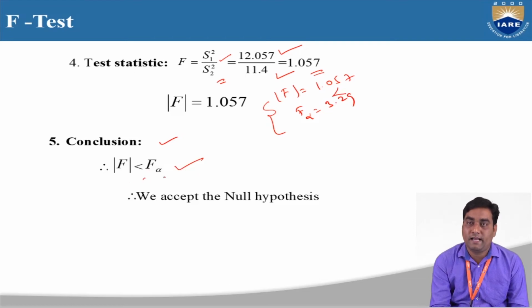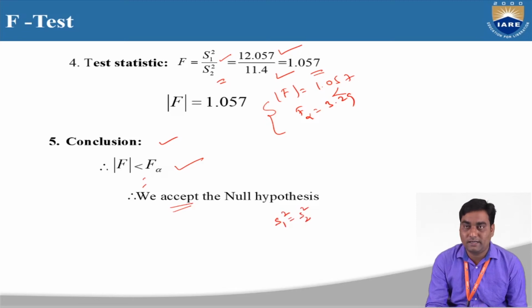If it is less than, according to the test of hypothesis procedure, we are going to accept the null hypothesis. Accept null hypothesis means S1 square equal to S2 square, that means there is no difference between the two sample variances.